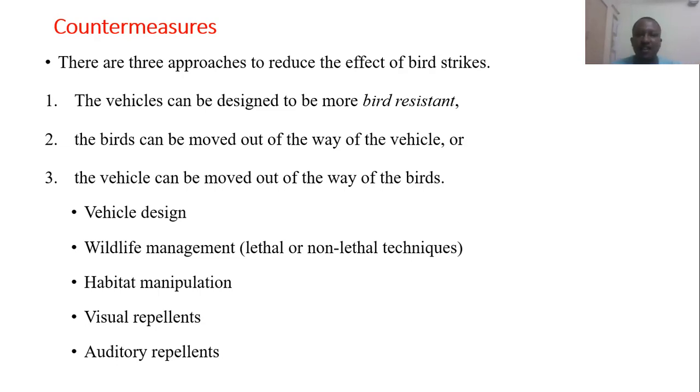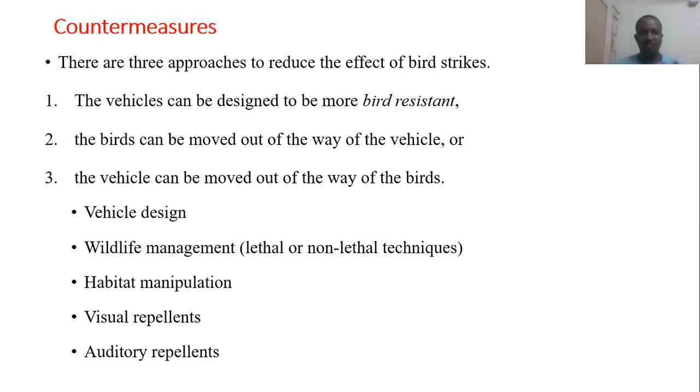This kind of mechanism is highly required, and also more bird resistant aircraft structures are required. Another vehicle design, for example, may include some bird propelling at some far distance, which produces some wave whenever the birds are sensed on the path, a mechanism which can push the birds away.